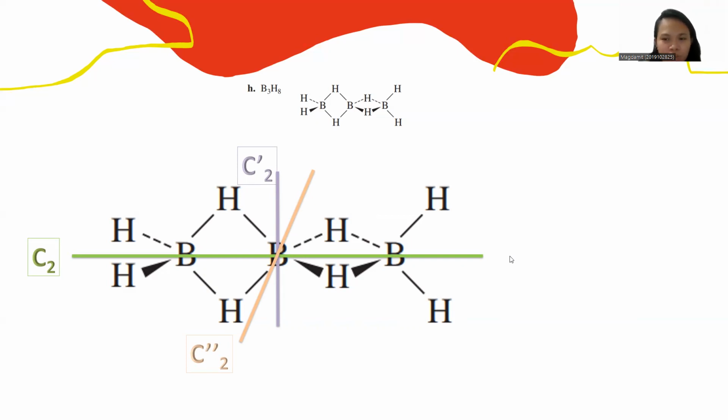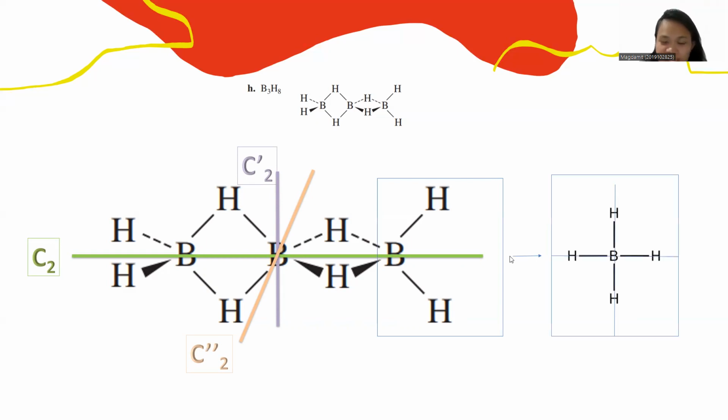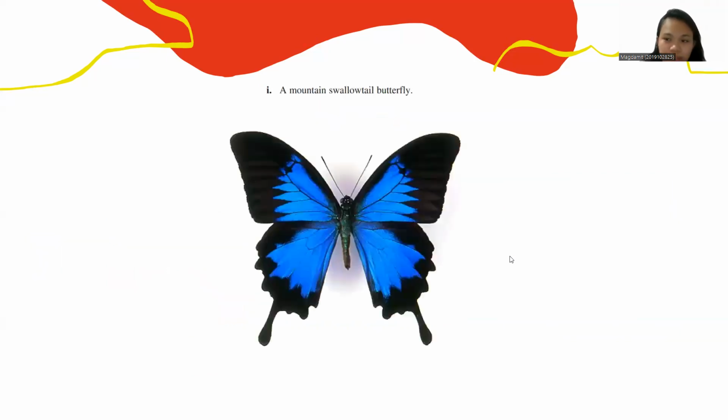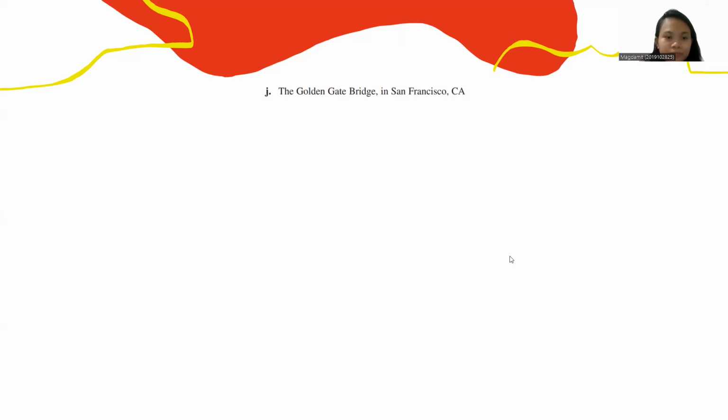B3H8 also has 2 mirror planes, each collinear with each of the outer HBH planes, classifying it as D2d. I, a mountain swallowtail butterfly only has one plane of symmetry, which is cutting through the head down to the end tip of the abdomen of the butterfly and separates the left and the right side. Therefore, it is classified as Cs.